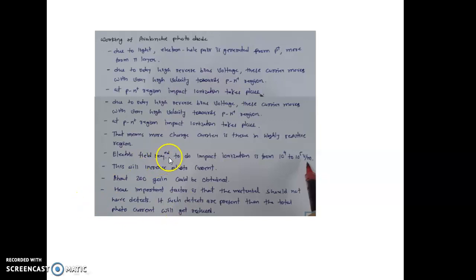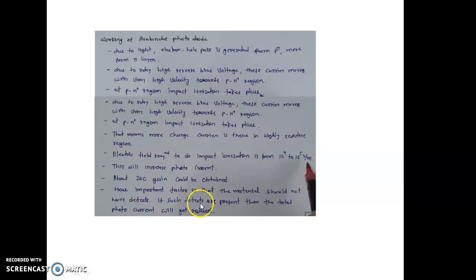The electric field required for impact ionization is from 10 to the power of 4 to 10 to the power of 5 volts per meter, and this will increase the photocurrent. About 200 gain could be obtained in this diode. Here the most important factor is that the material should not have defects.